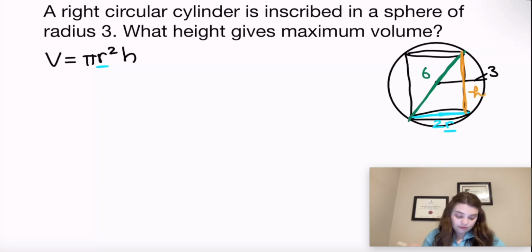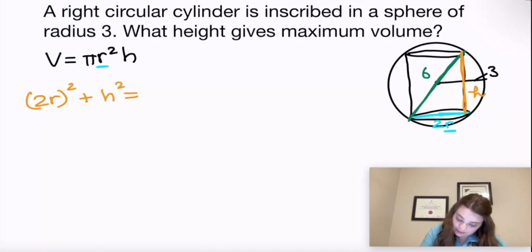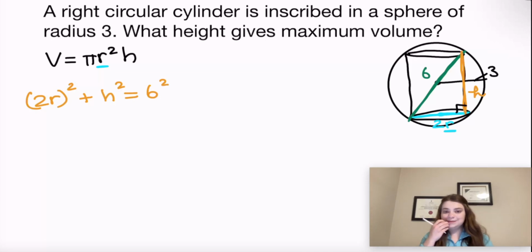But we can argue that (2r) squared plus h squared is equal to 6 squared, right? This is what's known as the Pythagorean theorem: a squared plus b squared equals c squared, where a and b are our legs and c is the hypotenuse. I do have other videos in more detail about the Pythagorean theorem if you're interested, but assuming that you're already up to date with it, I'm going to move forward here.